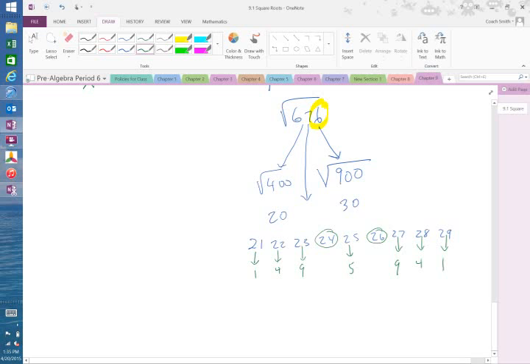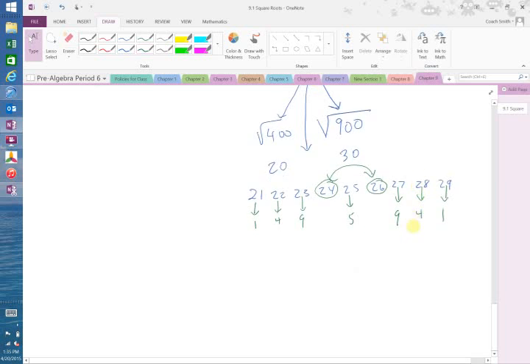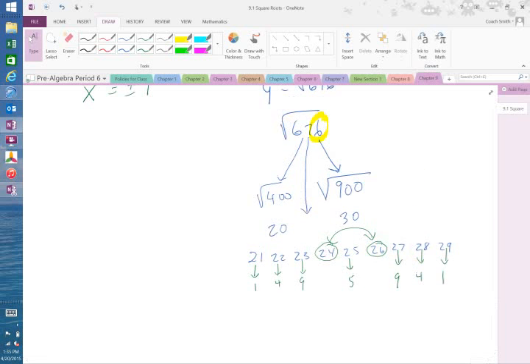So if it is a perfect square, which they didn't tell me it was necessarily, it has to be one of these two numbers. Unfortunately, when you get to something like 24 or 26 or 34 and 36 or 44 and 46, you just got to multiply it out and see which one it is.